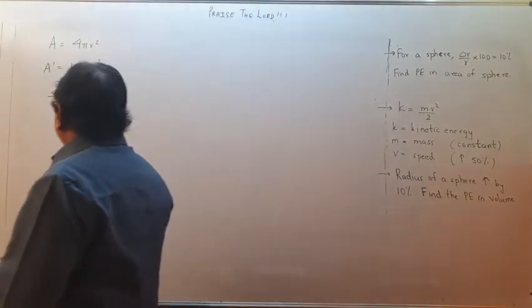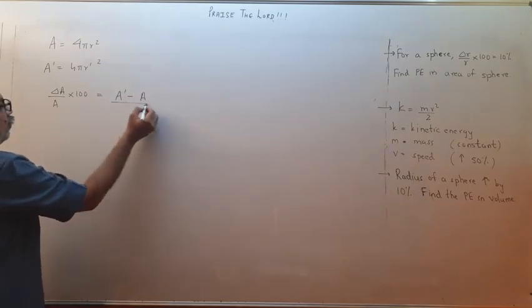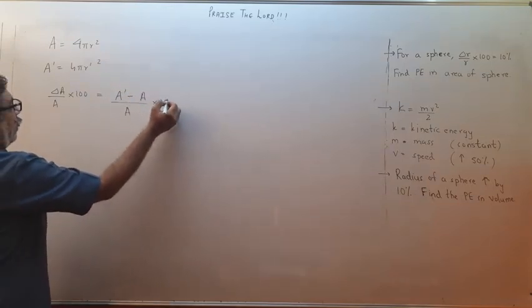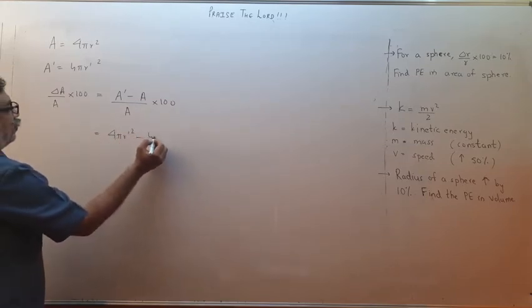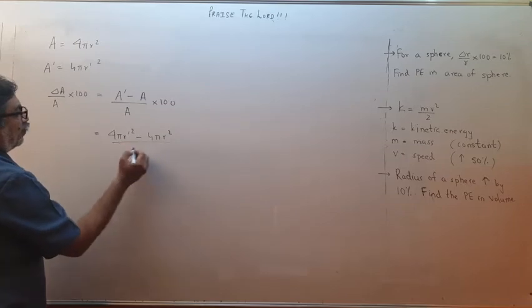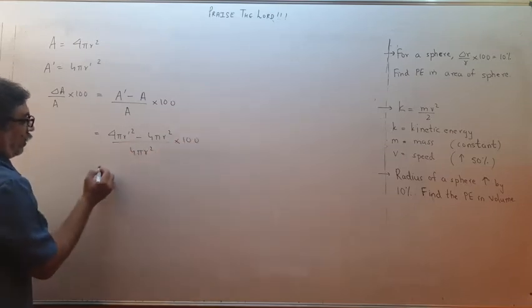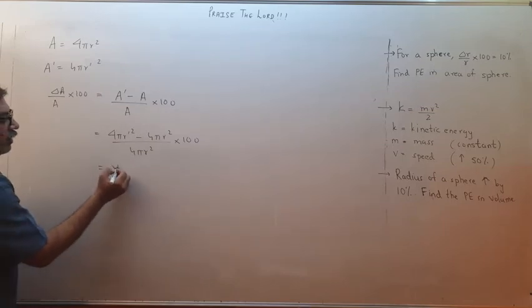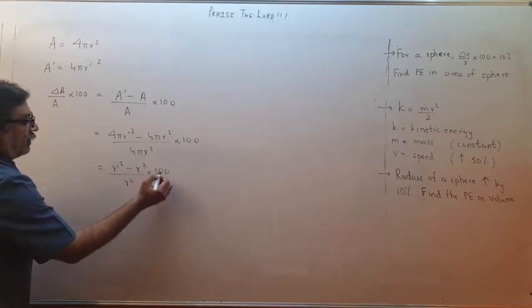So I want delta A upon A into 100, that means change, new minus old, upon A into 100. A dash means 4 pi r dash square minus 4 pi r square upon 4 pi r square into 100. See, 4 pi gets cancelled out. R dash square minus r square upon r square into 100.